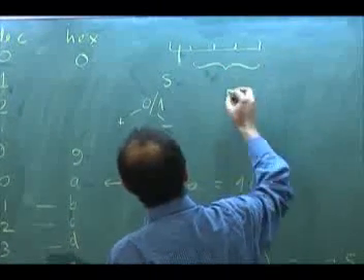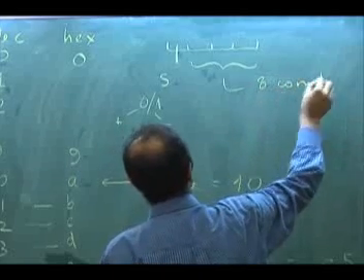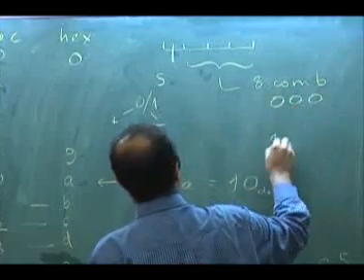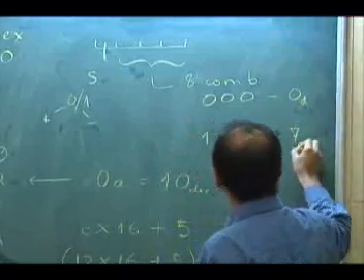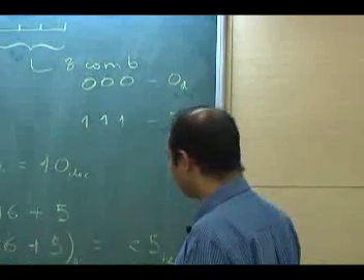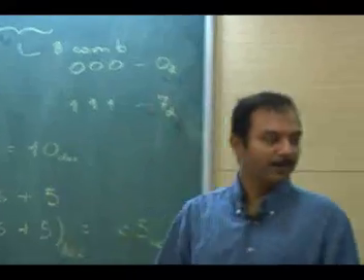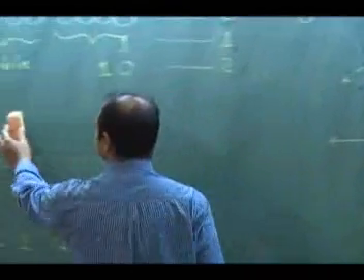And then these 3 bits can go through 8 combinations. 0, 0, 0 through 1, 1, 1. So this is decimal 0. This is decimal 7. So now, instead of getting only positive numbers between 0 and 15, I get both positive and negative numbers between 0 and plus minus 7.